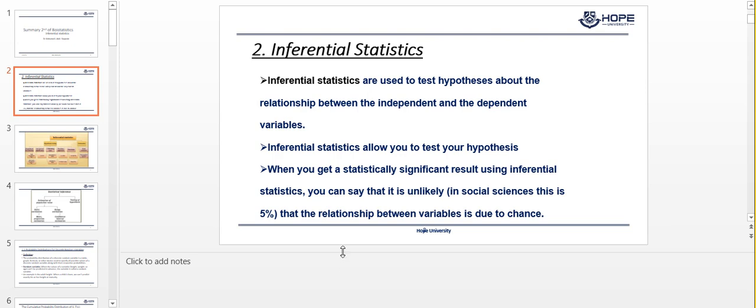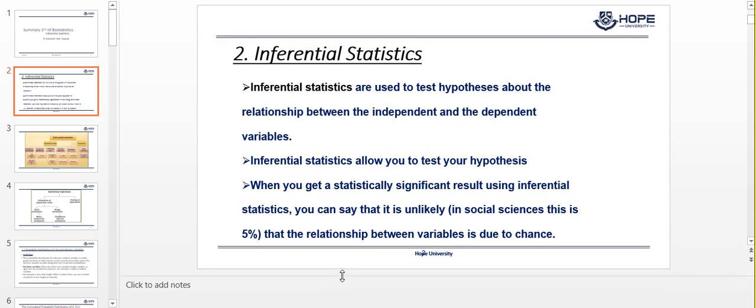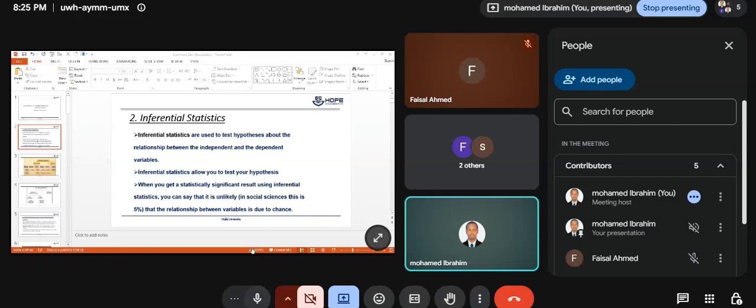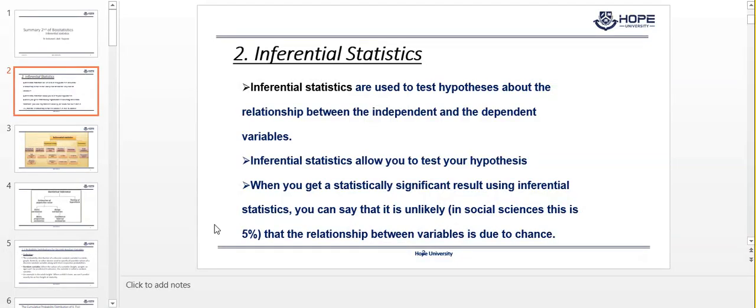Inferential statistics are used to test hypotheses about the relationship between the independent variable and the dependent variable. What is inferential statistics?